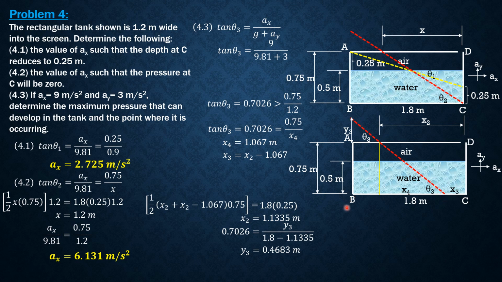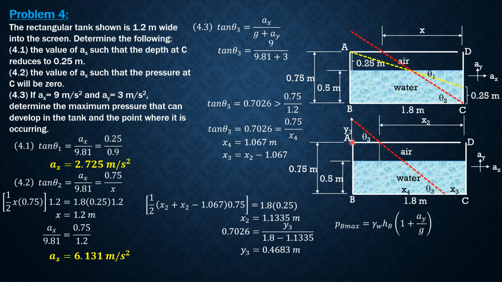So the maximum pressure occurs at B, because B is the point that is farthest from the imaginary liquid surface. And since there is y component of acceleration, remember the principle, the maximum pressure with y component of acceleration is static pressure at B times quantity 1 plus A sub y over g, because A sub y is positive. So static pressure, gamma of water, times h sub B times quantity 1 plus A sub y over g, where h sub B is the depth of B from the imaginary liquid surface.